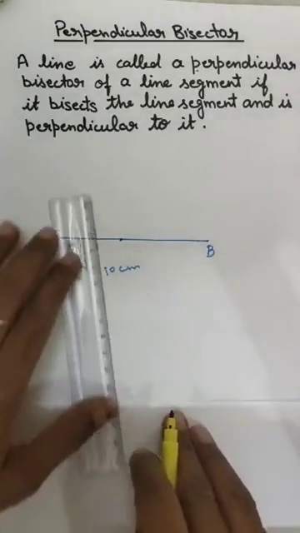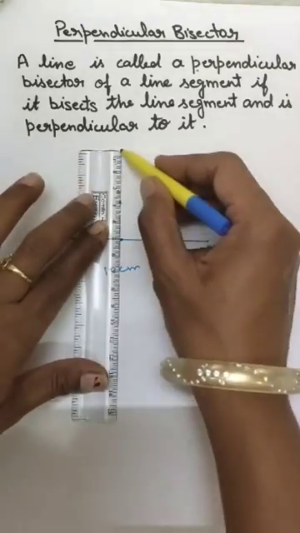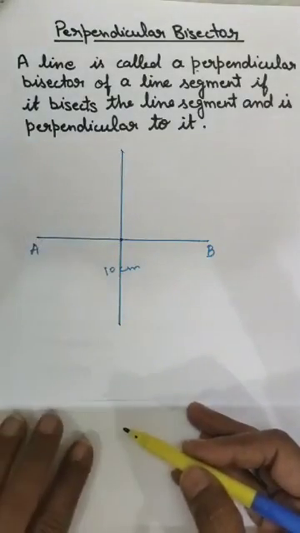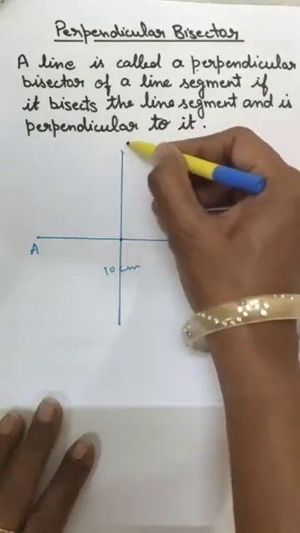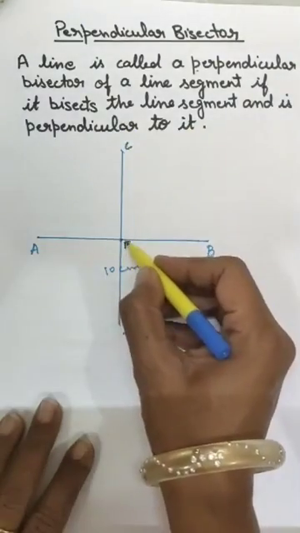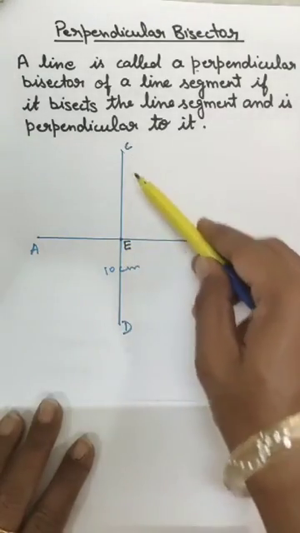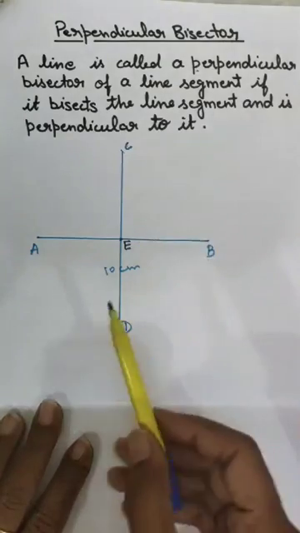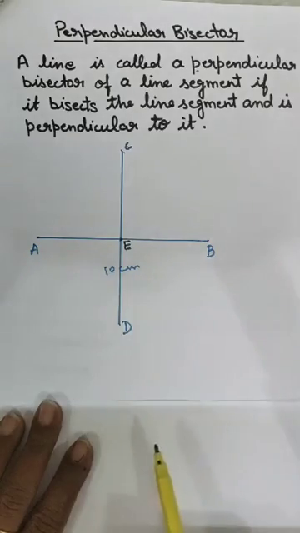Now, if on this midpoint I am making one bisector here, see this line, I am giving it the name C, D, E. So this CE line, or we can say this CD line, is dividing line segment AB into two equal parts.